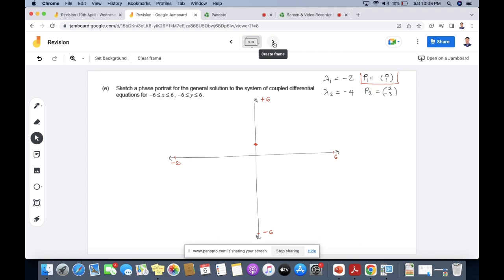So the vector will just be, if we try to draw it, the vector will just be this. Let me erase this one. So this is actually, let me label it, this is for the first eigenvalue.